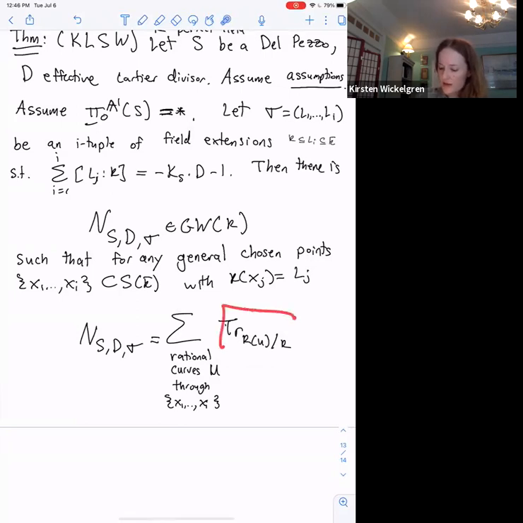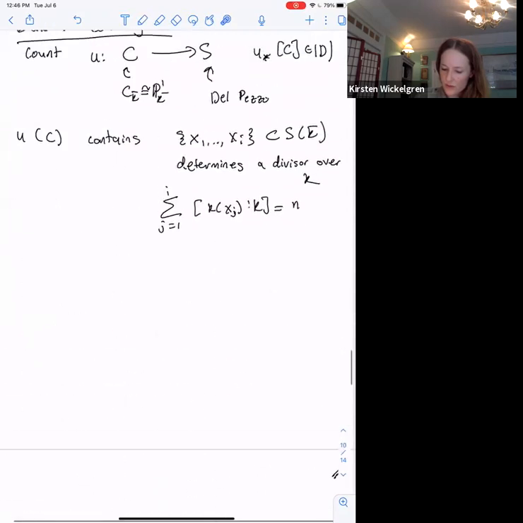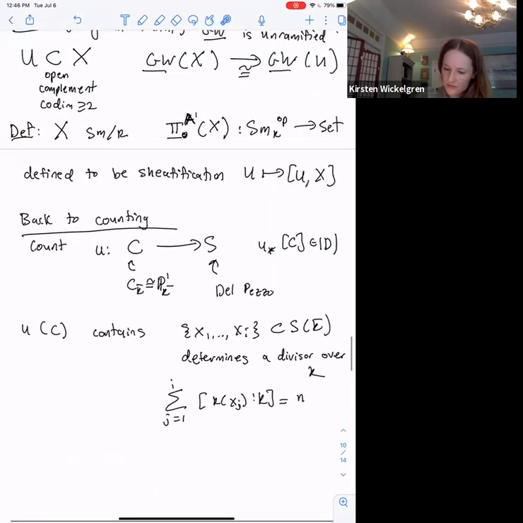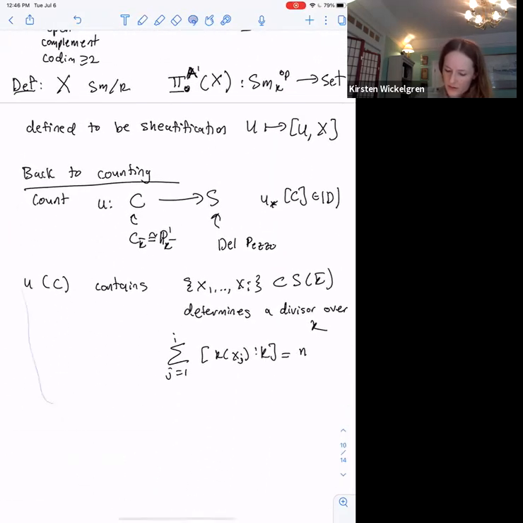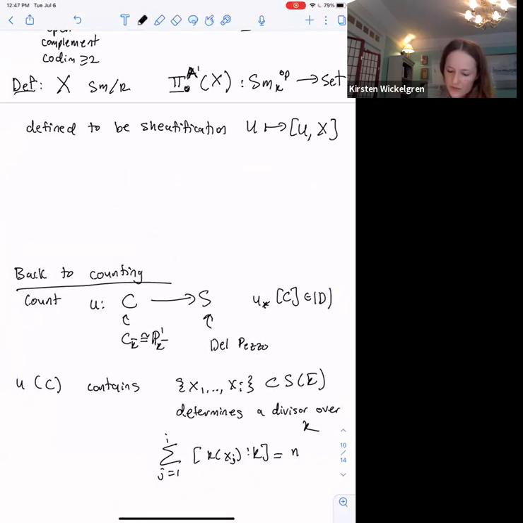I realized I forgot to define the transfer. So there's a transfer on the Grothendieck-Witt group of a field here. And for a separable field extension, it's post-composition with the trace from Galois theory.